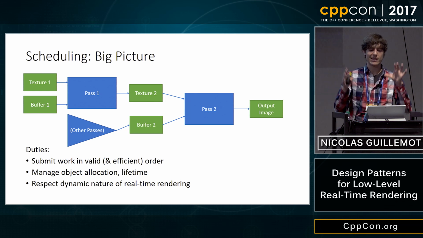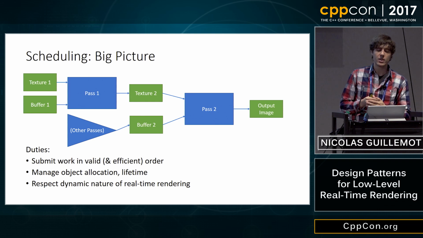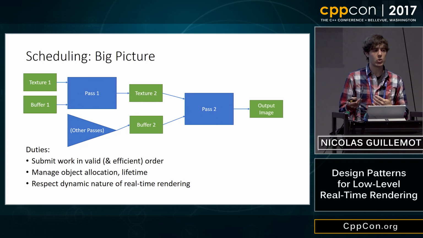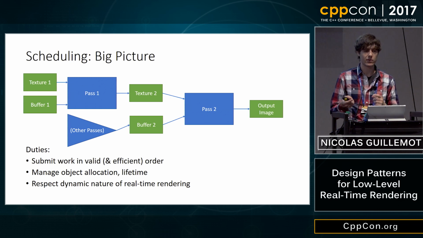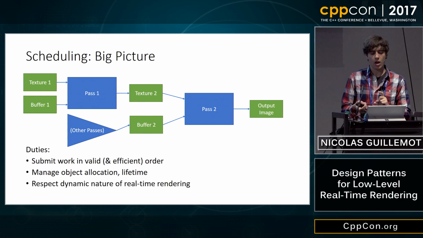You can take a step back and visualize this whole thing as a big graph. When we make a scheduler, conceptually what we want to do is take this graph as input and find a way to execute that work that is, first of all, valid, in the sense that dependencies are respected, but also as efficient as we can make it.